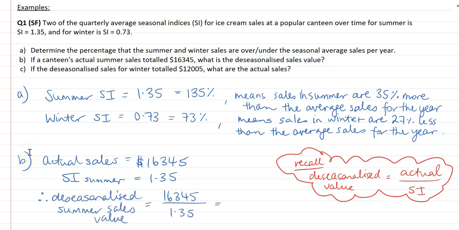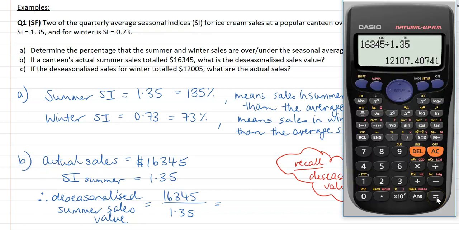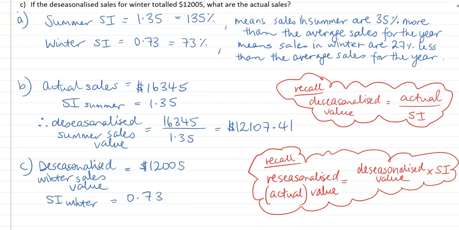So I'll simply divide the 16,345 by 1.35. So the deseasonalized summer sales value will be $12,107.41.